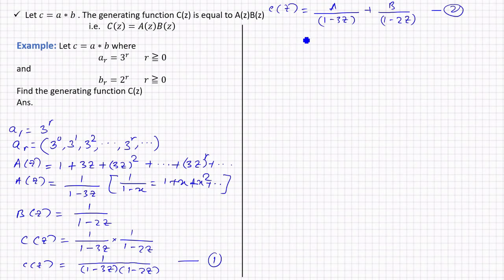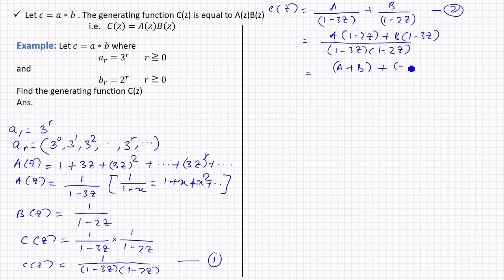Now let us solve this one. Taking the common denominator (1 minus 3z)(1 minus 2z), we get A into (1 minus 2z) plus B into (1 minus 3z), which equals (A plus B) plus (minus 2A minus 3B) into z, divided by (1 minus 3z)(1 minus 2z).